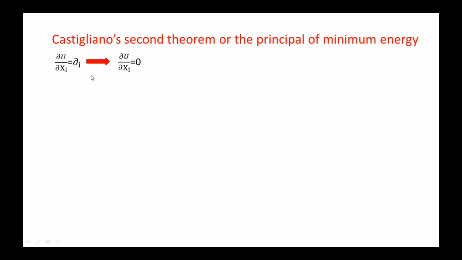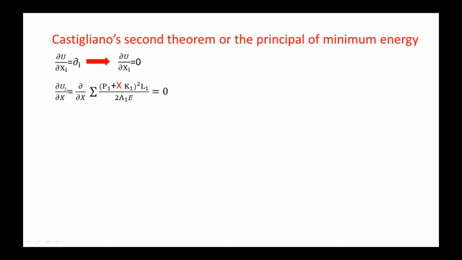We are equating this partial derivative of the strain energy with respect to X to 0. So we have to put the value of U in this equation, take the partial derivative of U, and equate it to 0.